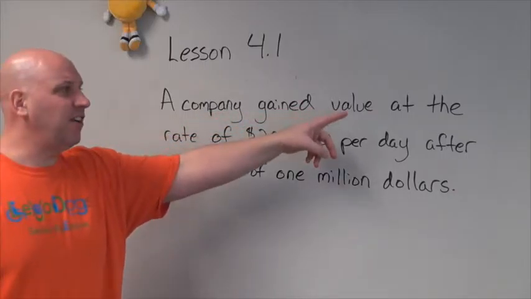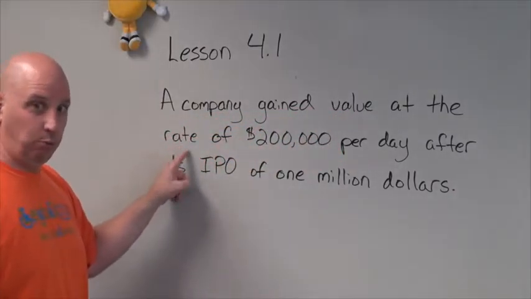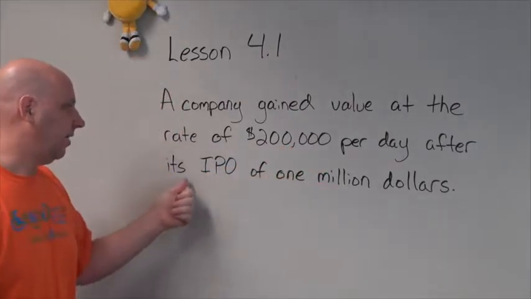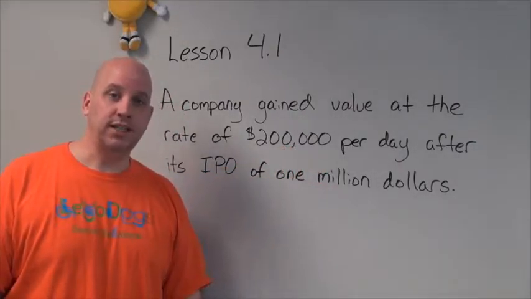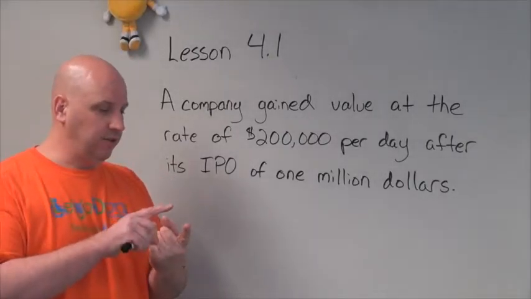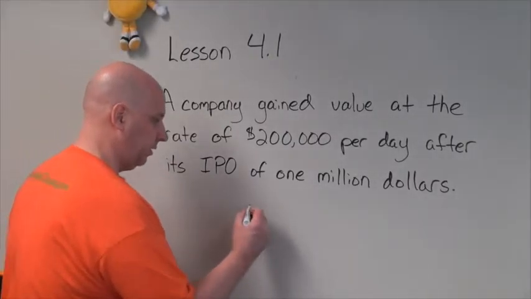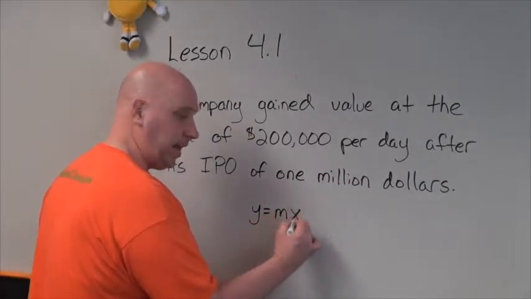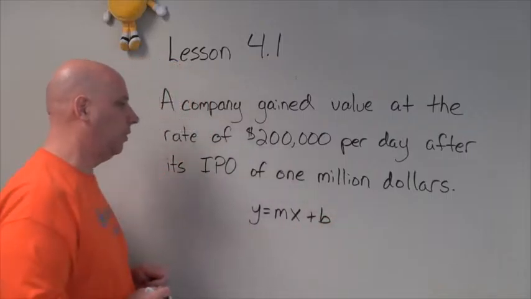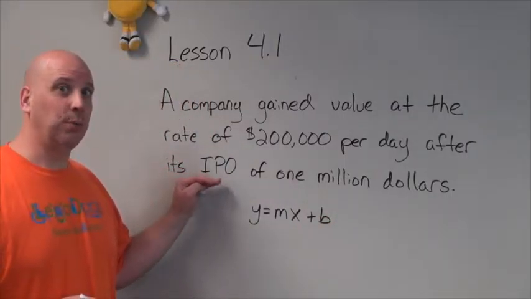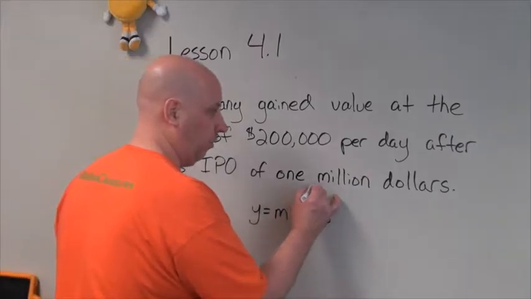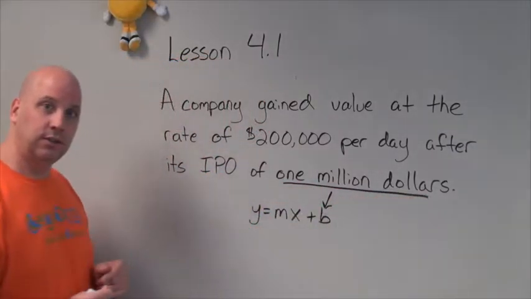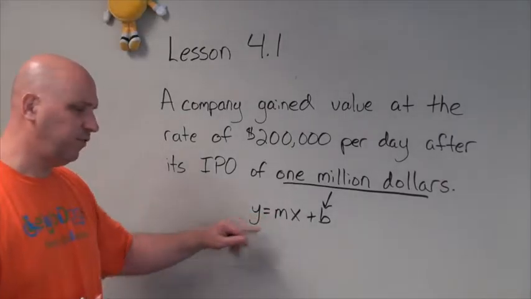A company gained value at the rate, keyword, of $200,000 per day after its IPO of $1 million. Okay, so we need to figure out what is y. We need to figure out m, our slope, x, and our initial value. Well, after its initial public offering of $1 million tells me that's this part. Then we have to figure out these.